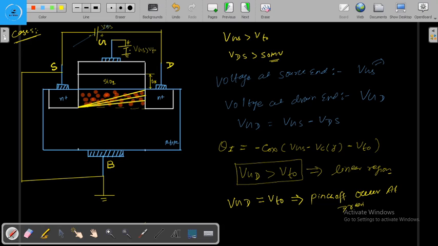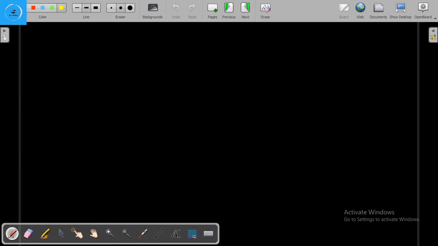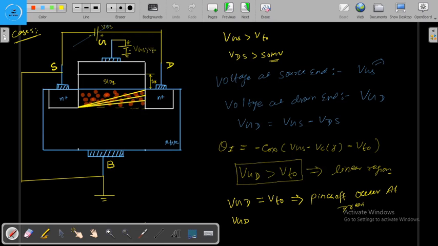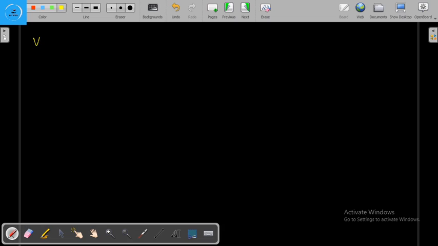As we know, this VGD is equal to VGS minus VDS, and when it is equal to VT naught, then VDS will be equal to VGS minus VT naught, and this voltage is known as VD set.